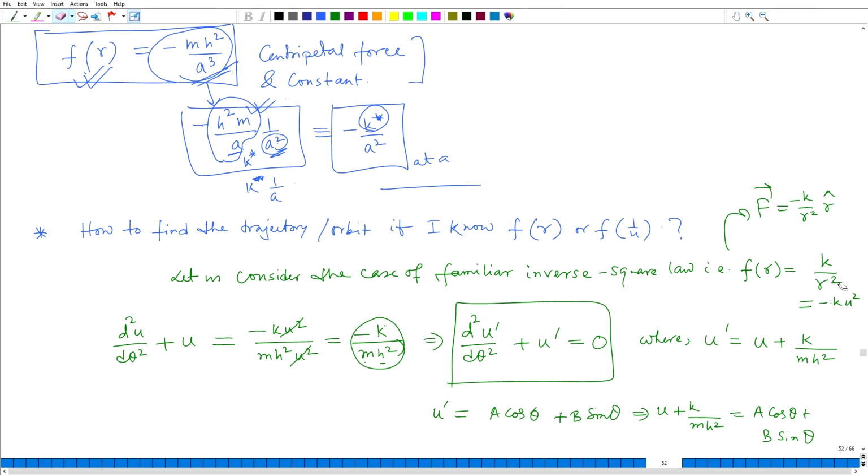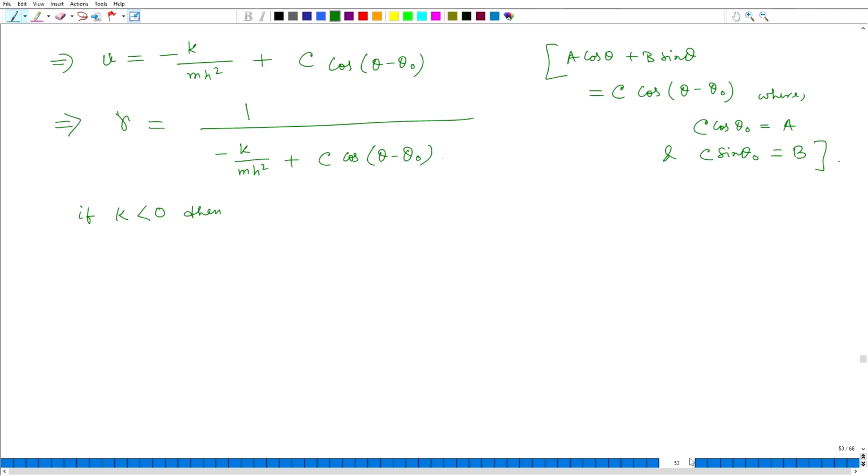In Binet's equation there is a minus sign here, so this is equal to minus f of 1 over u, divided by m h square u square. If my f is k by r square, then only this is the correct expression. Otherwise, I have to change everything. I also change the sign over here to be consistent with my later versions.